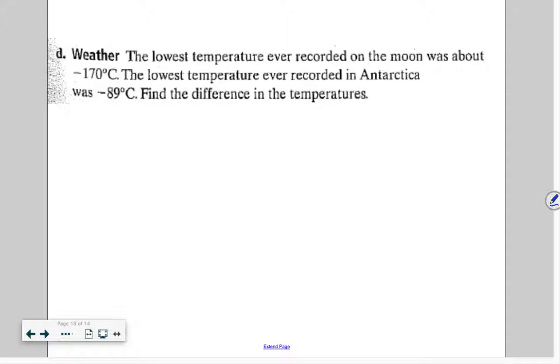Negative 170 minus negative 89. Right, we're supposed to find the difference. Difference means to subtract those two numbers. So if I see two negatives next to each other, what are we going to do? Make a great big plus sign. So it's going to become negative 170 plus 89.